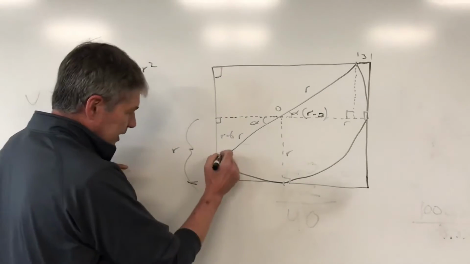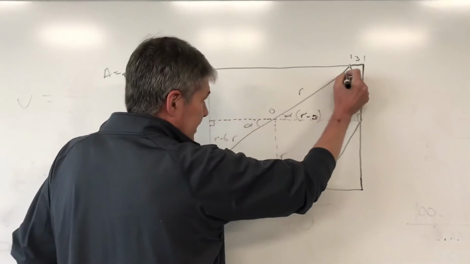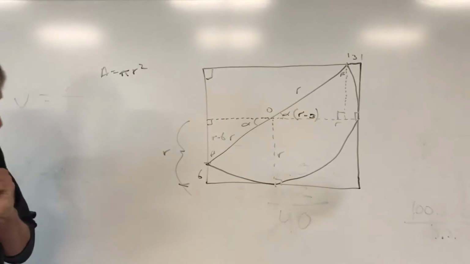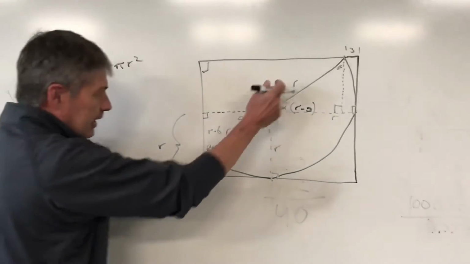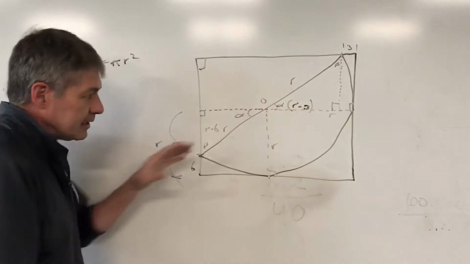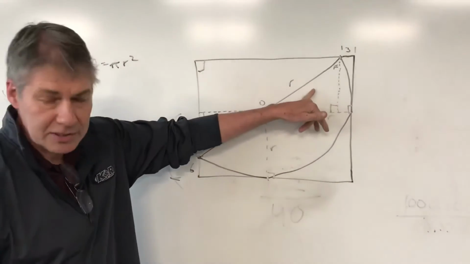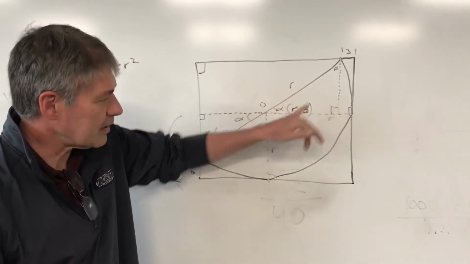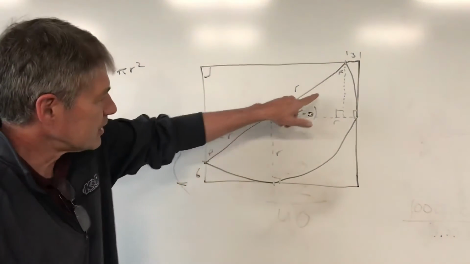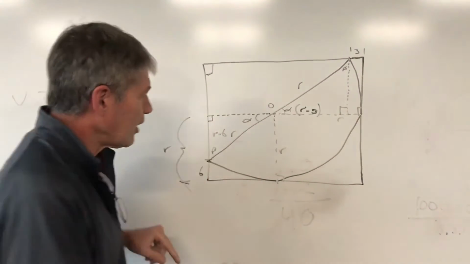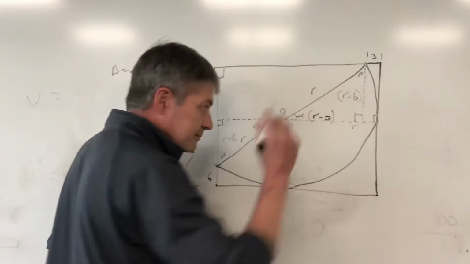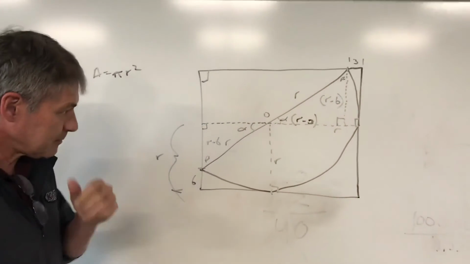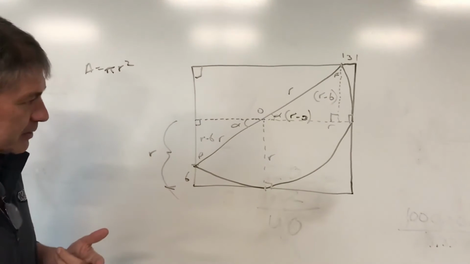I also know that this angle and this angle are the same. Since everything's congruent, our angles are the same size. I think they're called congruent. Test my memory. So if these are the same, then I also know that this line here is r minus 6. Okay? Now I can start to do something with this.